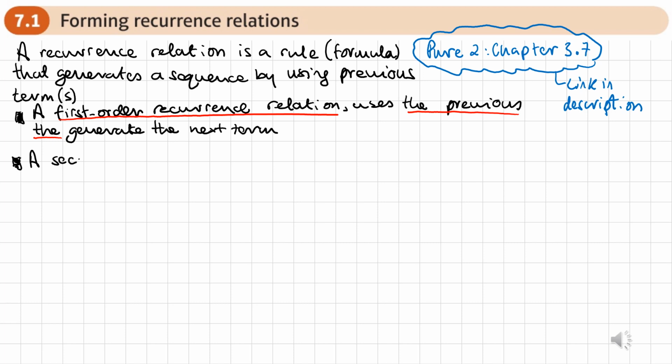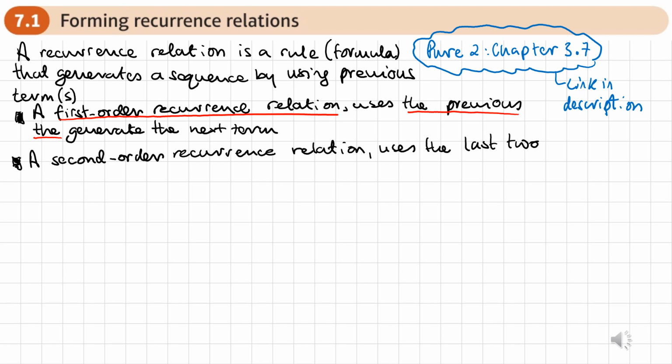So a second order recurrence relation uses the last two terms to generate the next term.